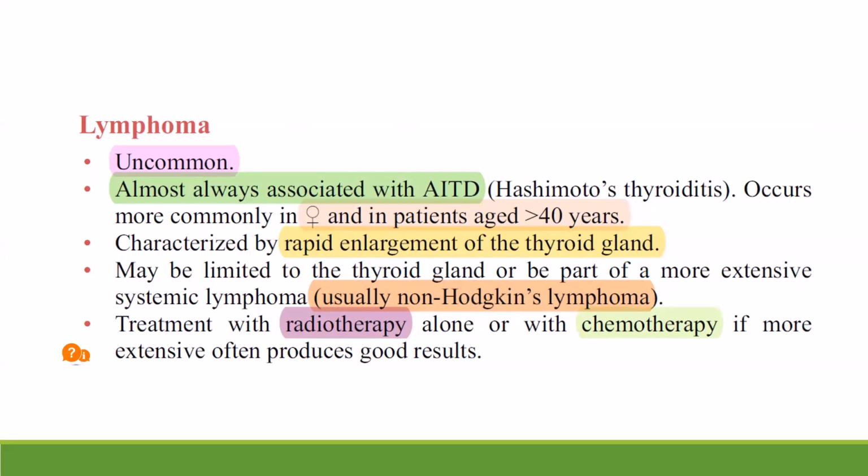Risk of lymphoma is increased 70-fold compared to non-Hashimoto's. It is more common in females and in patients older than 40 years. It is characterized by rapid enlargement of the thyroid gland, usually non-Hodgkin lymphoma, and is treated by radiotherapy, and in some situations combination radio and chemotherapy, which often produces a good result.